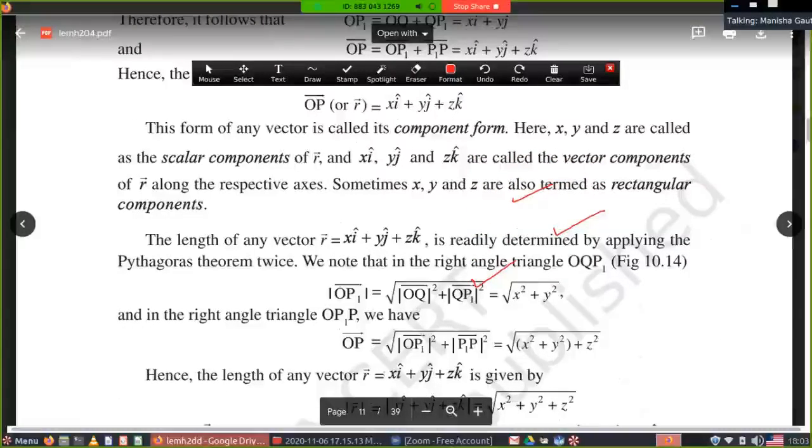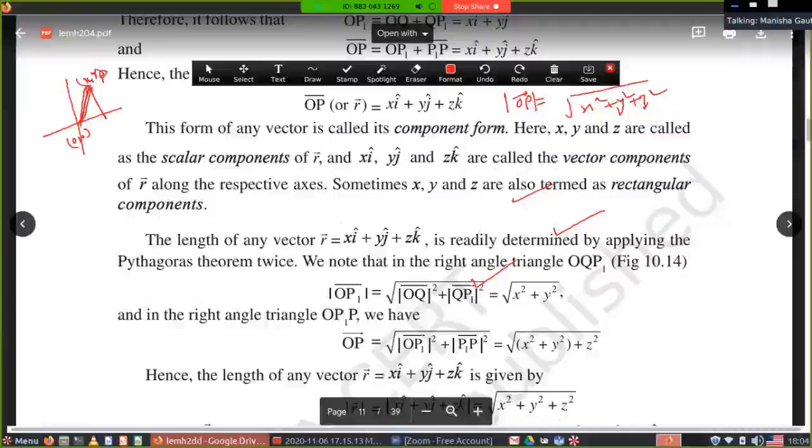If you want to calculate the magnitude of the OP vector, that will be equal to the square root of x square plus y square plus z square. You can observe this by taking two-dimensional geometry. So a point P is given to you. Suppose x and y are the coordinates, and this is O, the origin.